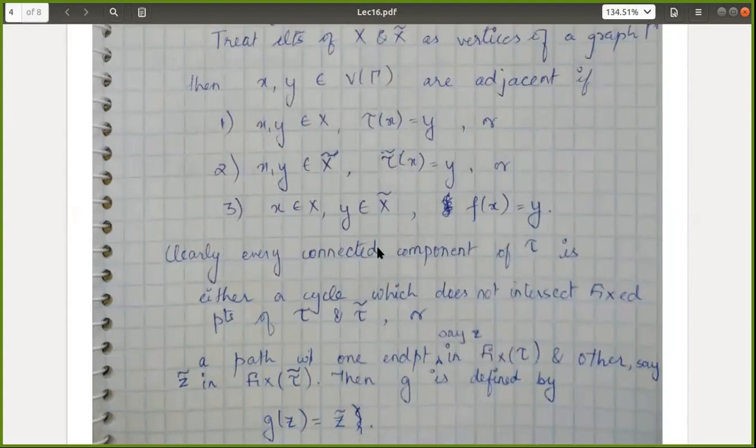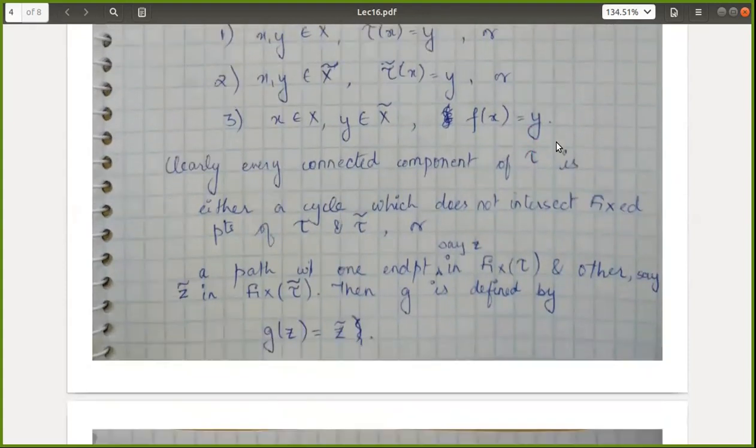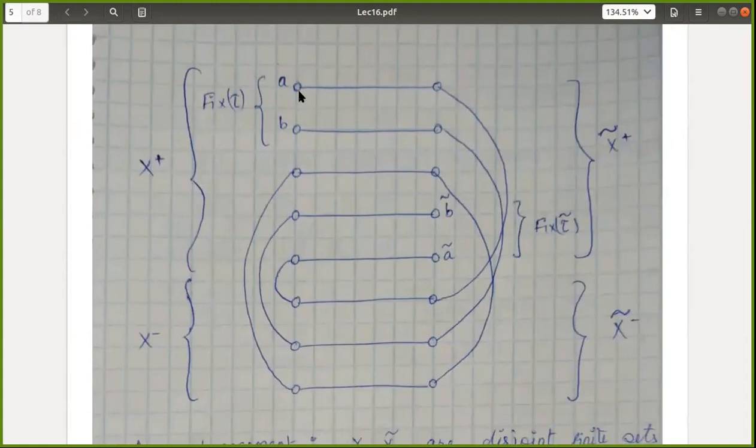Then clearly every connected component of this particular graph, not tau, this is gamma, is either a cycle which does not intersect the fixed points of tau and tau tilde, or you have a path which will start with a fixed point of tau and end in a fixed point of tau tilde, like we saw here.